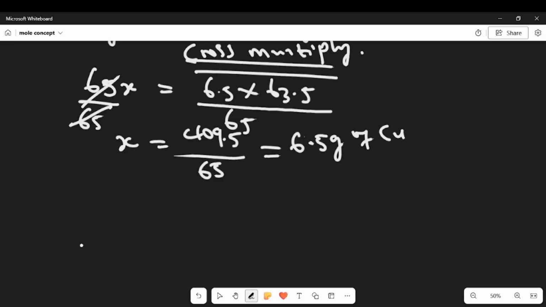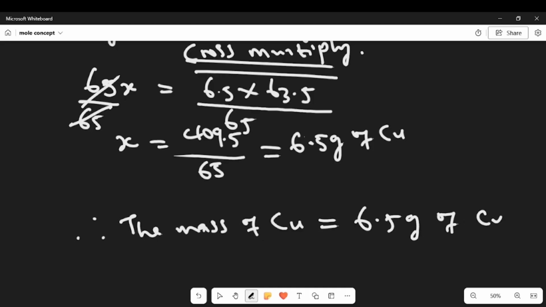So we now say, therefore, the mass of copper that will be deposited by dissolving 6.5 grams of zinc in copper tetraoxosulfate VI is 6.5 grams of copper. Or you can just say 6.5. And that is your final answer.